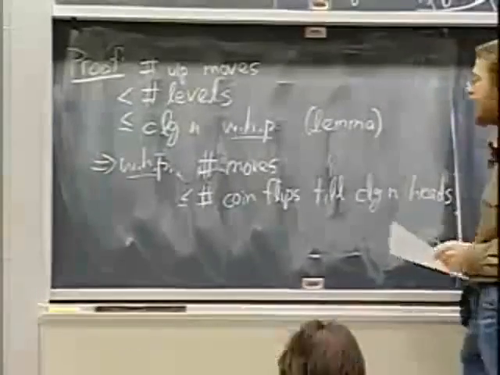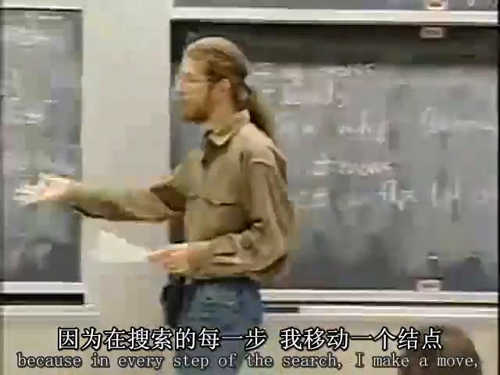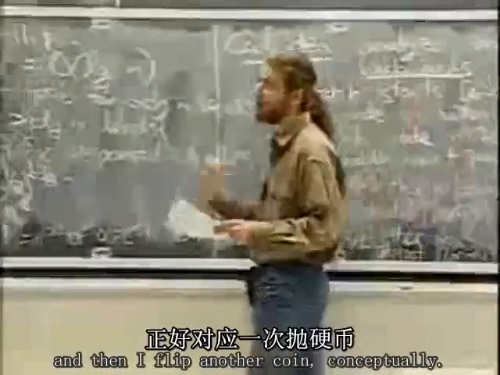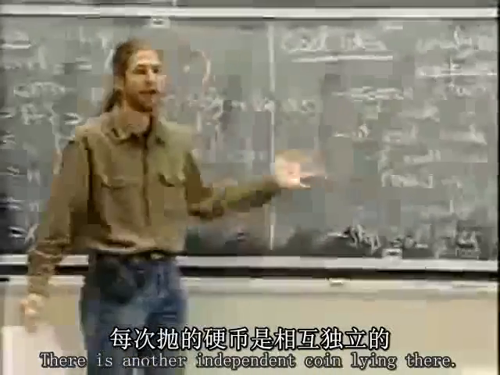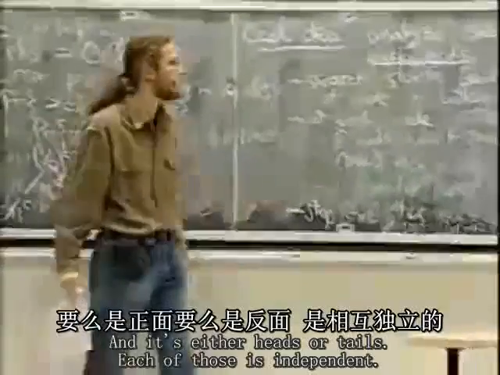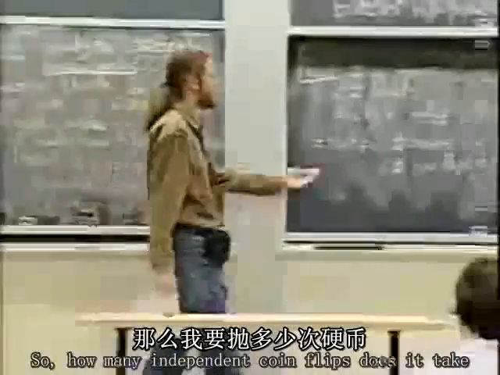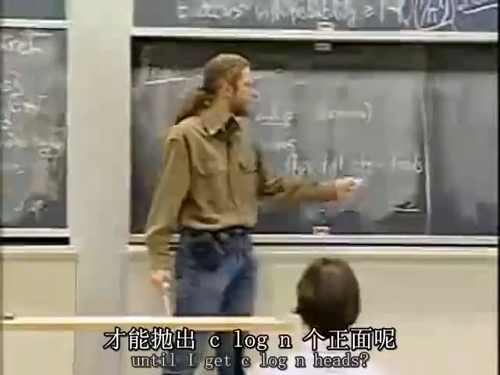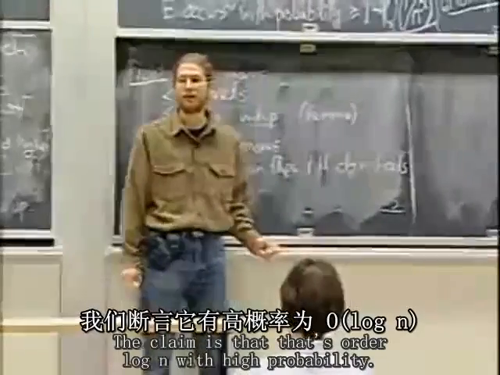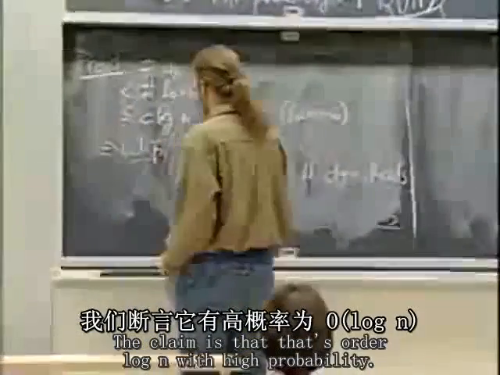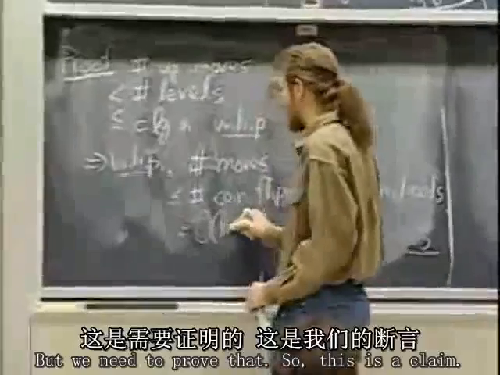Right? Because in every step of the search, I make a move, and then I flip another coin, conceptually. There's another independent coin lying there, and it's either heads or tails. Each of those is independent. So how many independent coin flips does it take until I get C log n heads? Claim is that's order log n with high probability, but we need to prove that.